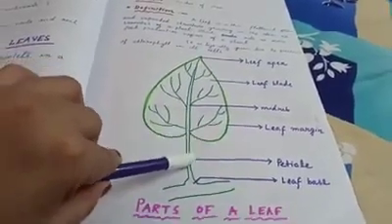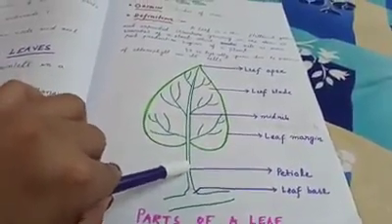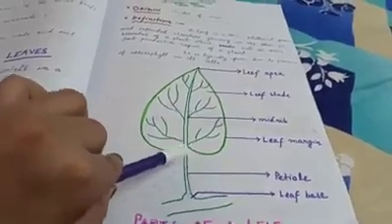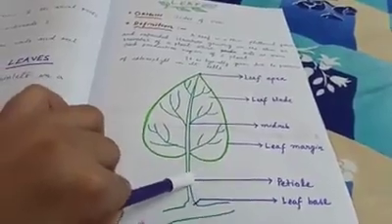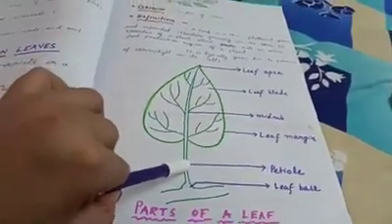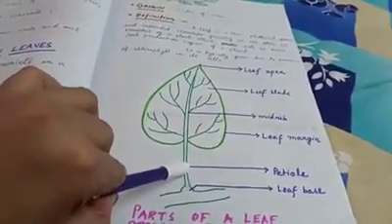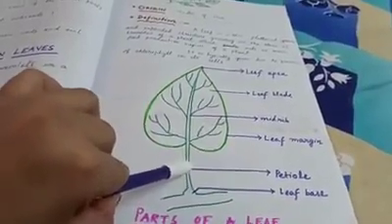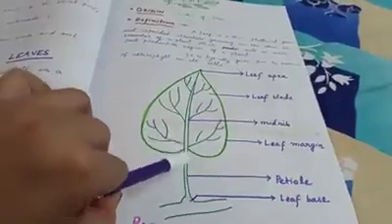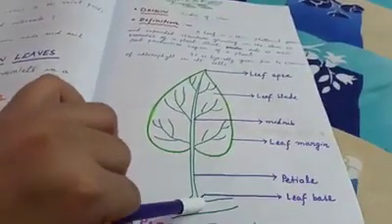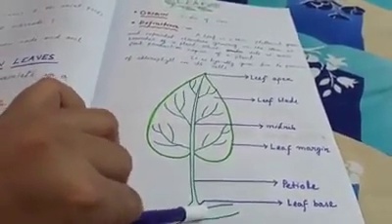And the long slender stalk-like structure is called the petiole, which carries the broad expanded part of a leaf. It is not necessary that every leaf has a petiole. Many leaves don't have a petiole.